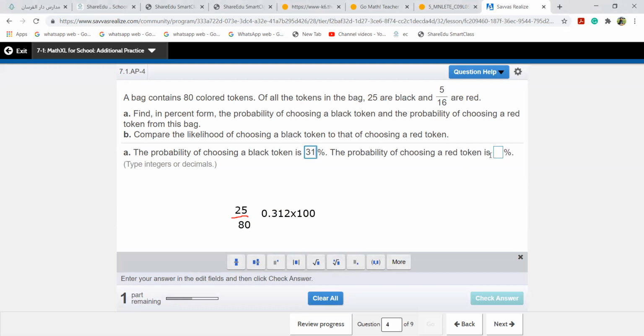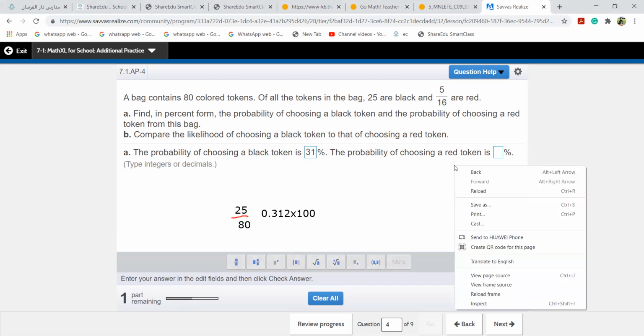I think I will do this one because it's not that easy. A moment, girls. Let me open my calculator. 5/16 times 80.